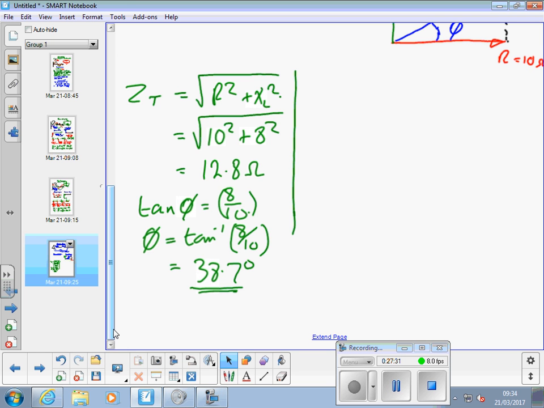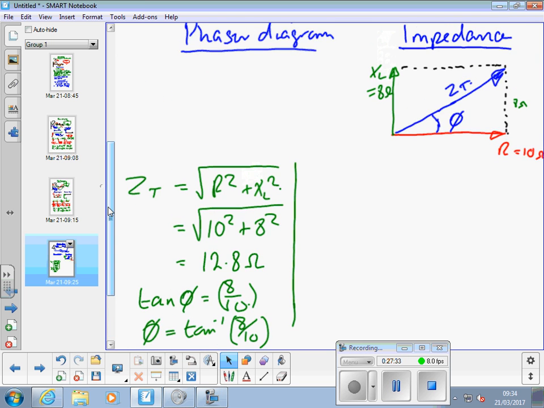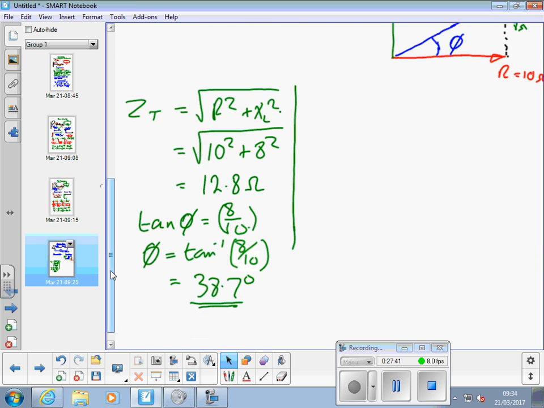So how else could we do that? How else have I, on the other pages, expressed the values of R, XL, and XC? Is there another expression we can come up with for ZT in this case?